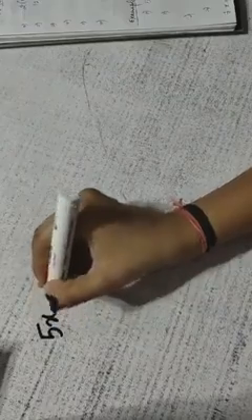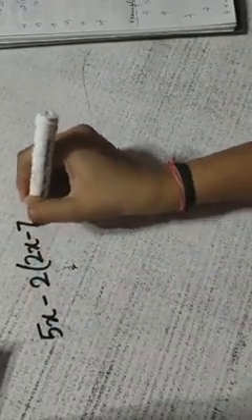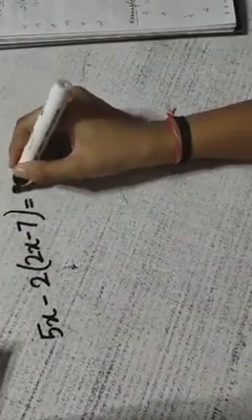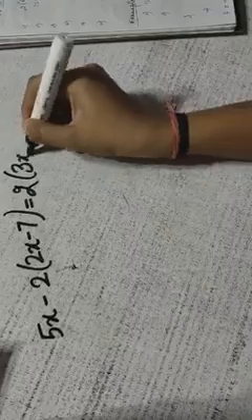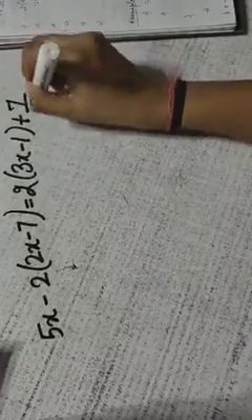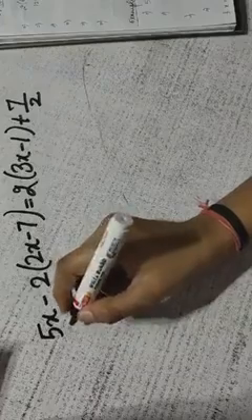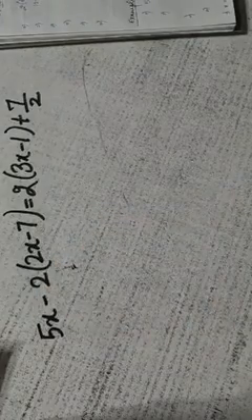Okay. We are given an equation: 5x minus 2 into (2x minus 7) is equal to 3x minus 1 plus 7 by 2. Okay. So for solving this equation, as you can see, first of all, we have solved this part.